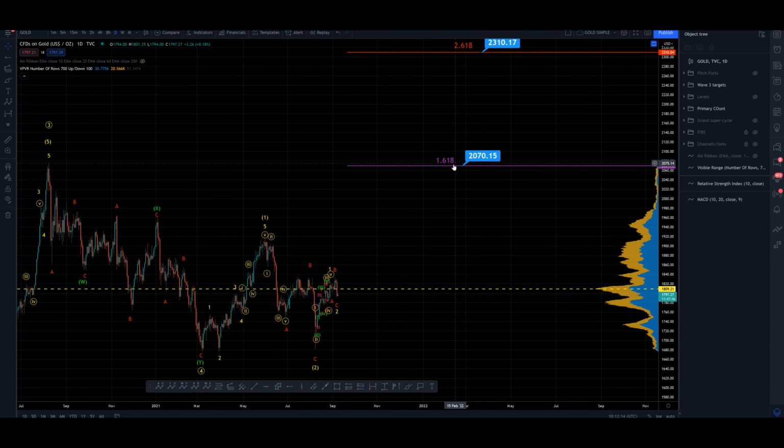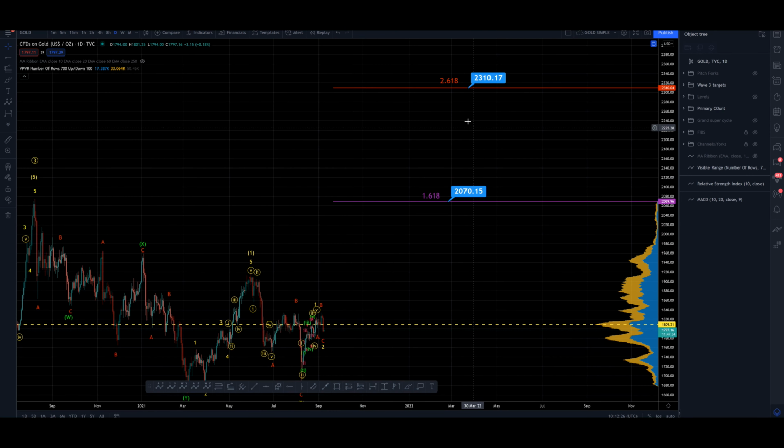So these are our 2 targets. This is the 1.618 extension of the wave 1. This gives us 2070. This should produce our wave 3 here if this bullish count is correct, and this is the secondary target at the 2.618 at the 2310.17 level. I don't think we have to project the 3.618 here.